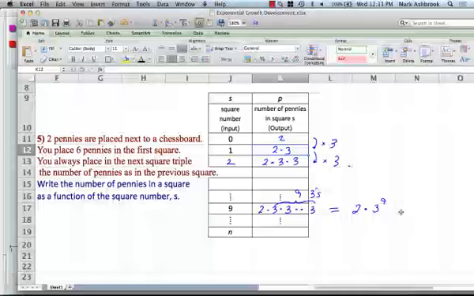So that's what we're calling the 0th square. We're saying these 2 pennies to start with, then we triple the first one to get that first square, and then we keep tripling.